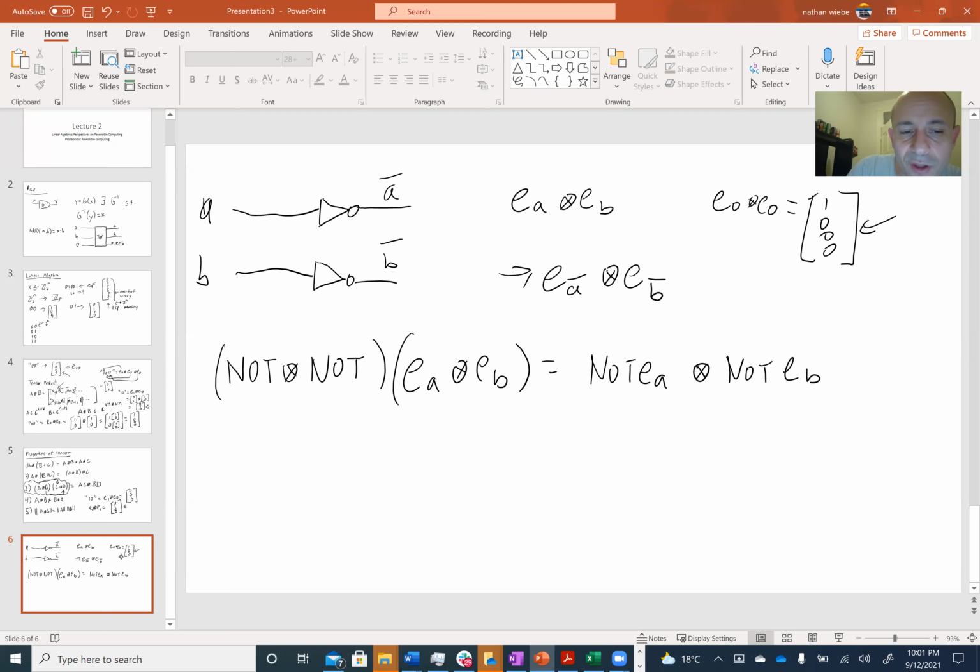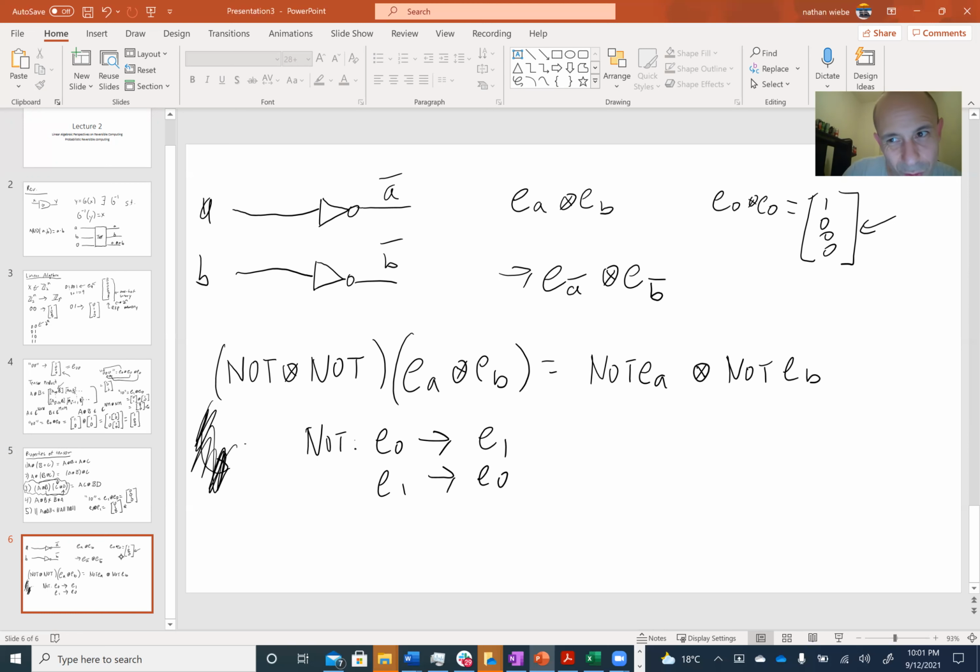And just to give you an idea about what the matrix for this whole thing would end up looking like in this linear algebraic language, first and foremost, we've got to reason about what the matrix representation of NOT is. So NOT, of course, maps E0 to E1 and E1 to E0.